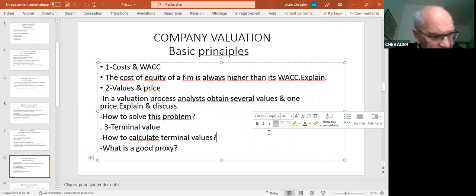It is based on elements you already learned, and you know now very well, like how to discount cash flows, convergence processes, also scenarios and sensitivity analysis processes.